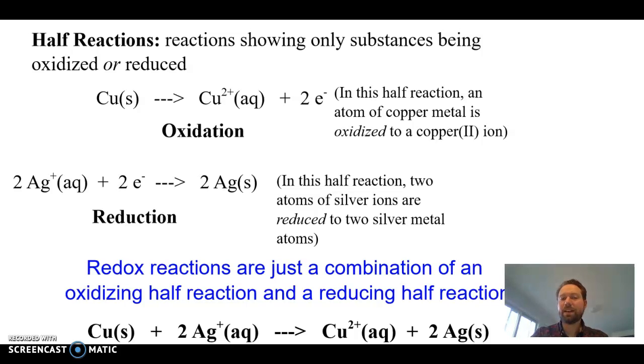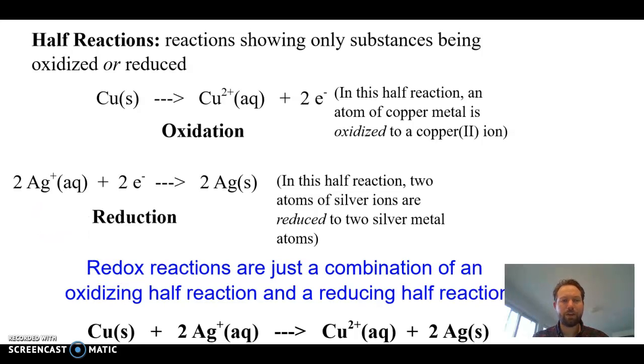That implies that it lost electrons. If we remember OIL RIG, oxidation is losing, therefore copper, because it lost electrons, is being oxidized. So we'd write out Cu(s), then the arrow, and then Cu2+(aq), and then add the 2 electrons at the end, showing that it lost those.